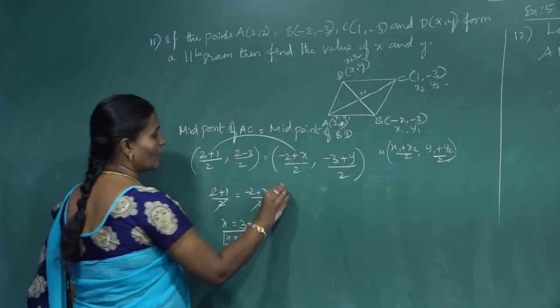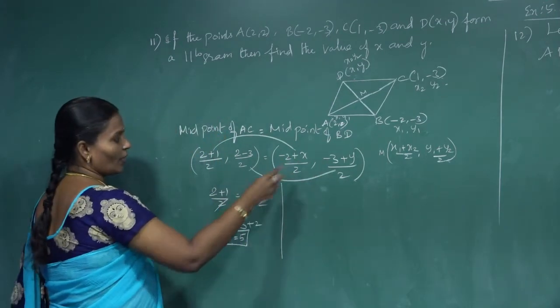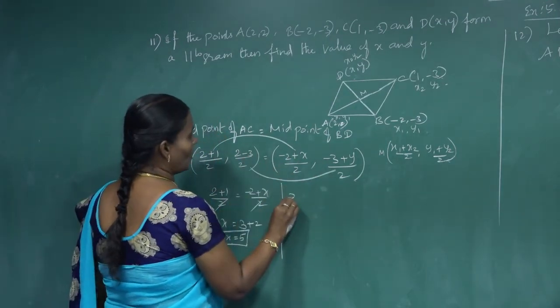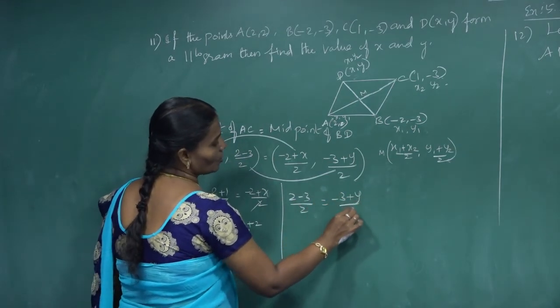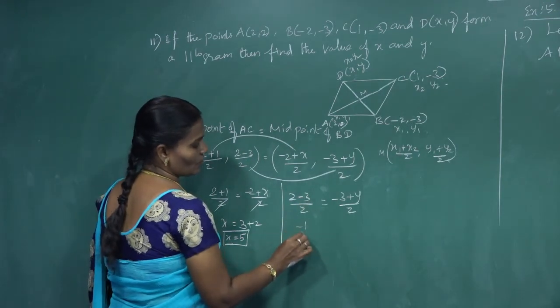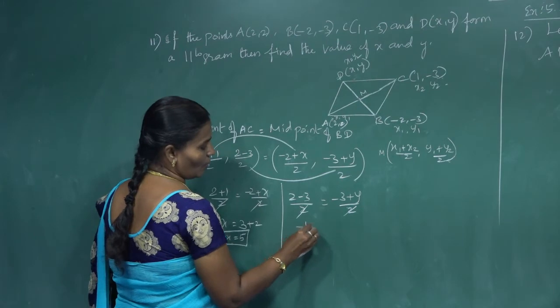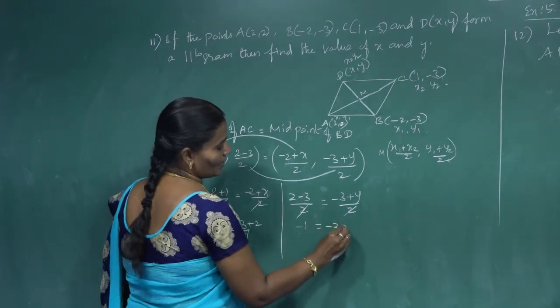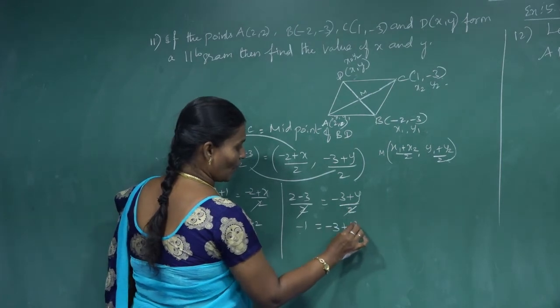Good. Now equate the y coordinates. So 2 minus 3 by 2 equals minus 3 plus y by 2. 2 minus 3 means minus 1, so cancel this 2. Minus 1 is equal to minus 3 plus y.